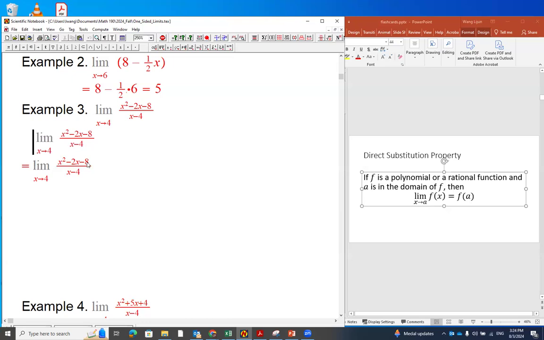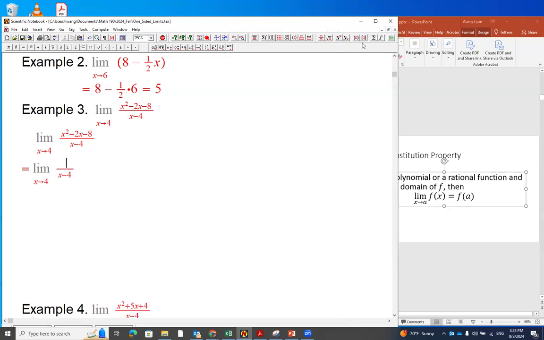Factor. The top will be factored into x minus 4 times x plus 2, and the denominator is x minus 4.